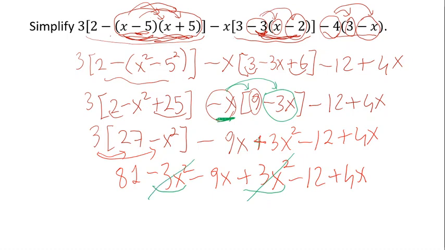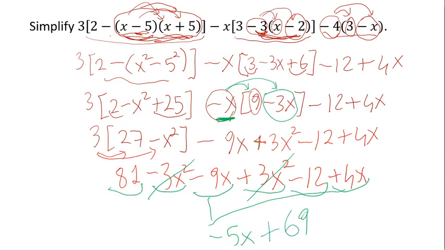So they cancel out. And here this one and this one, they will make negative 5x. This 81 and negative 12 will make 69. So the final answer will be negative 5x plus 69.